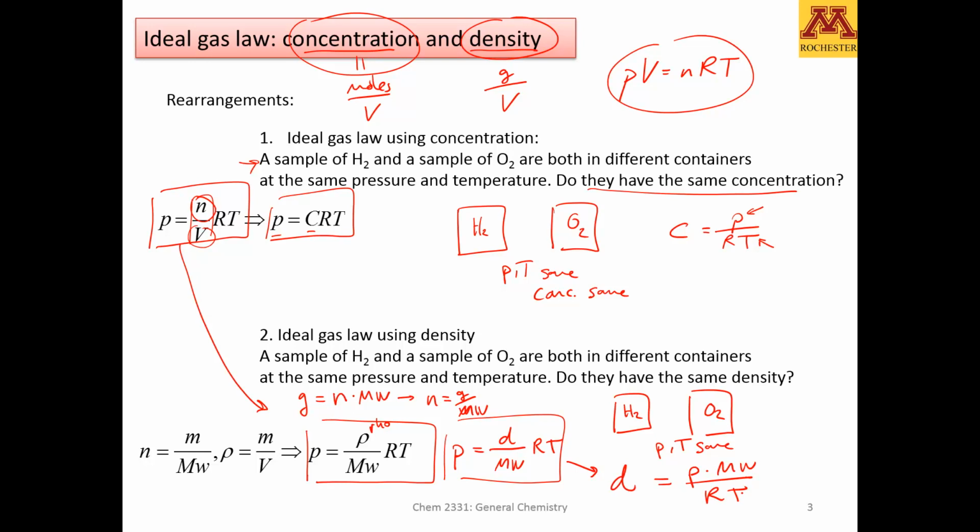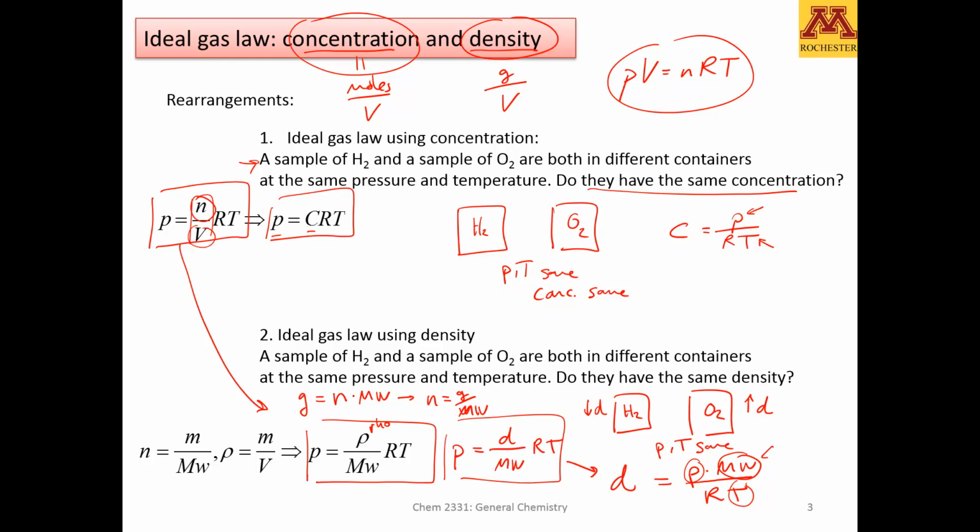Notice that pressure and temperature are the same, but molecular weight is not. Molecular weight is higher in oxygen, so the container with oxygen will have a higher density, and the container with hydrogen will have a lower density because you will be multiplying by either a larger or a lower molecular mass. Hopefully that makes some sense.